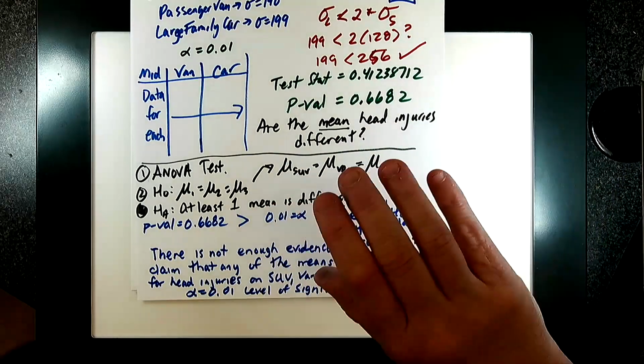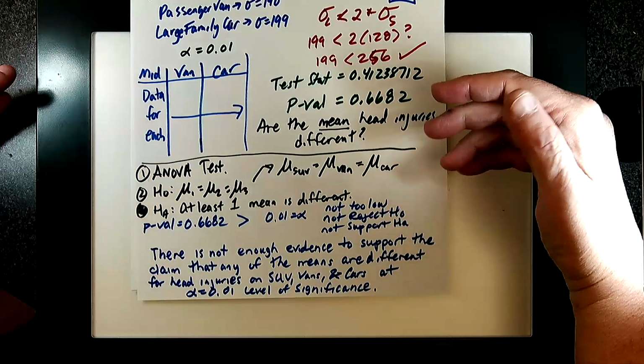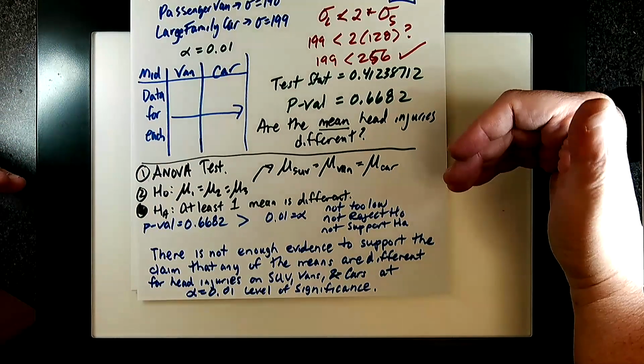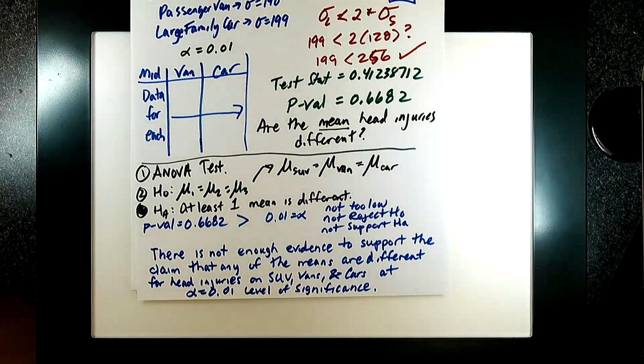We're checking to see if HA, which is what the new data is about, has any relevance to what we're talking about. Does it actually generate anything different than the old news had? Or even if it's not old news, if it's what was assumed. We may never have done anything on it. But that's what it is. So we're only rejecting or not rejecting H naught. We're only supporting or not supporting HA.